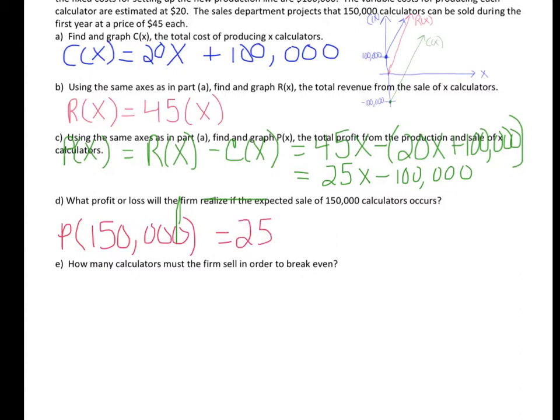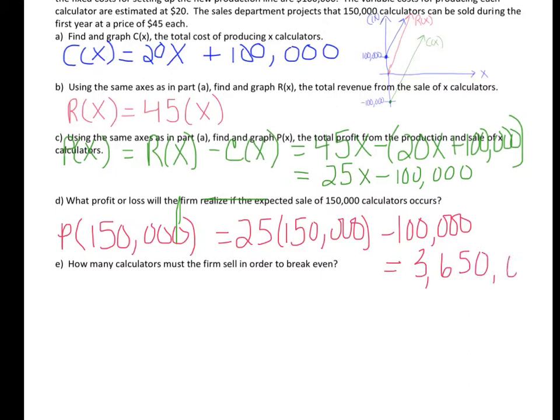So it's 25 times 150,000 minus 100,000. So we're going to make a profit or loss. Well, a quick check in your calculator, you see that that's actually $3,650,000. So that's definitely a profit. We got a positive number. That's good. If this was your business, you'd be very happy about that.